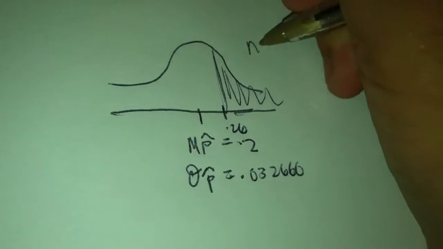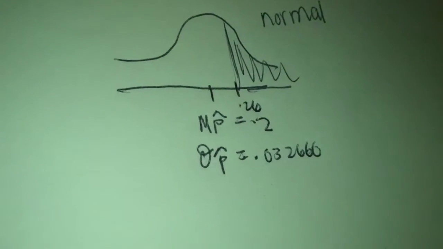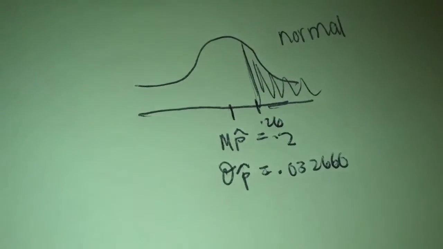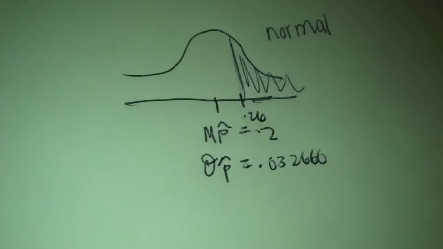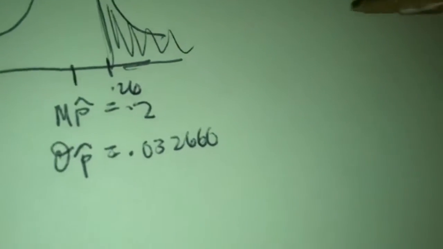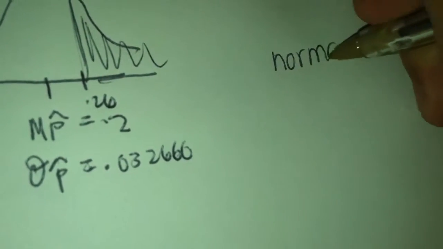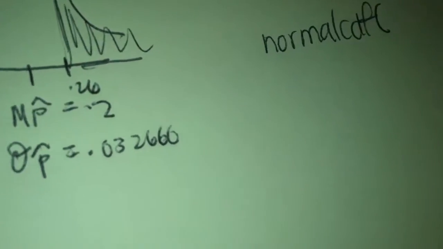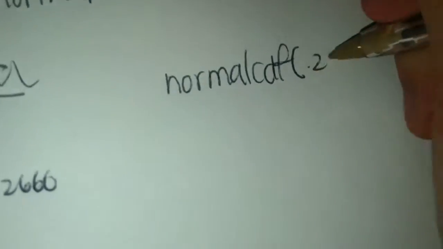Whenever we're solving a normal probability, we need to use normal CDF and plug in 0.26.